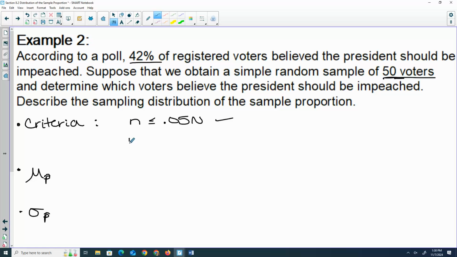The second criteria is N times p times 1 minus p has to be greater than or equal to 10. This one we can check. What's my N here? How many people? What is the p, the proportion we're looking at? So 0.42, 1 minus 0.42.